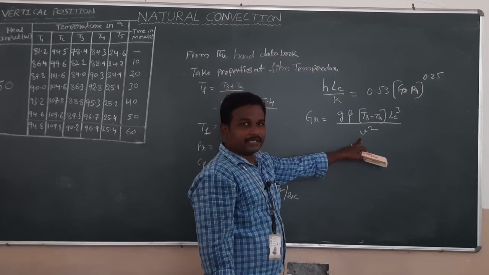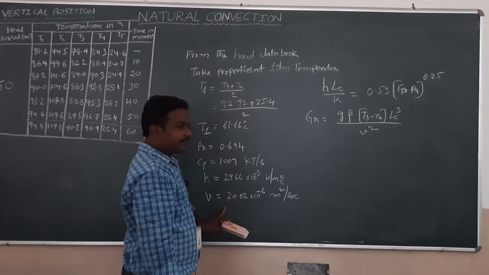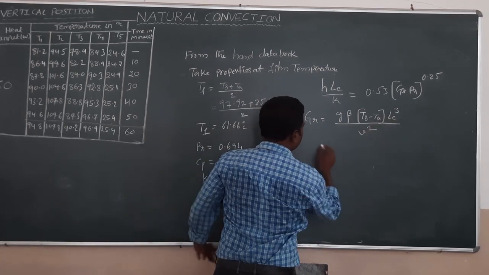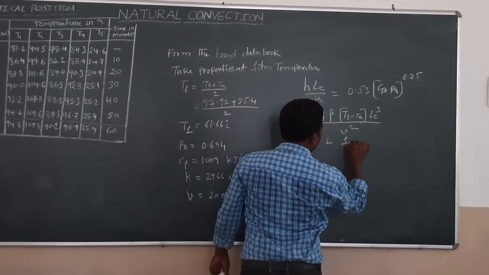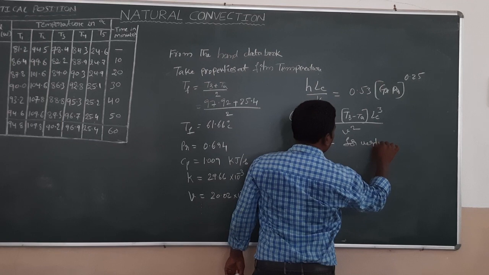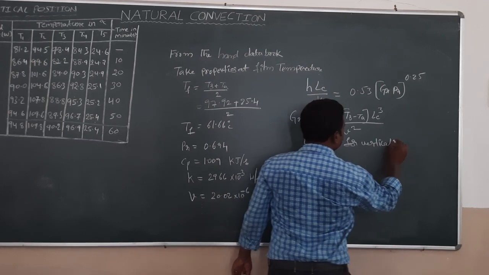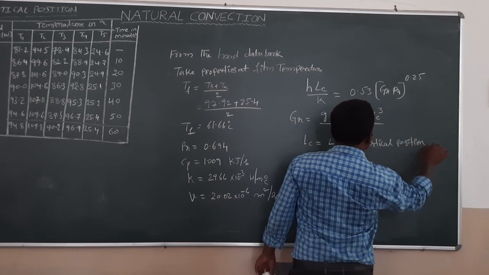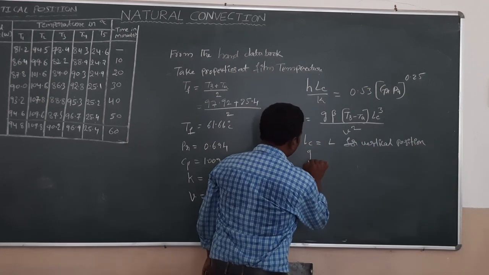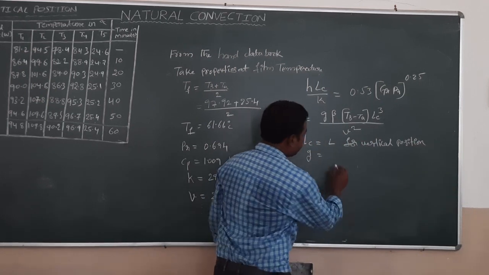Here nu is the kinematic viscosity, and L_c equals L for the vertical position, and g is the acceleration due to gravity.